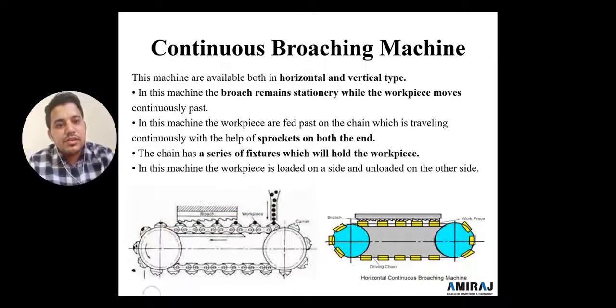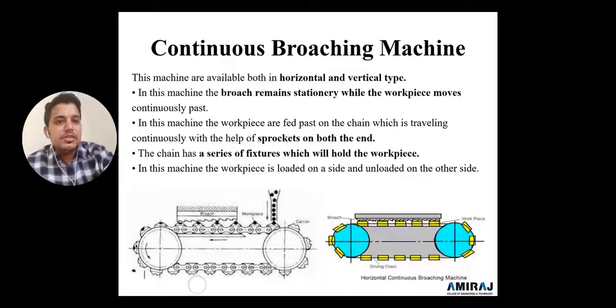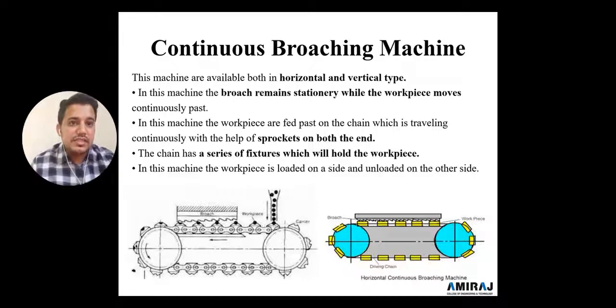You can observe what happens: the piece goes inside the particular fixtures, and this conveyor moves. Here the broaching operation will be performed, and again the workpiece goes upside, or it is put on another table. So this we can implement in a flexible manufacturing cell, FMS.